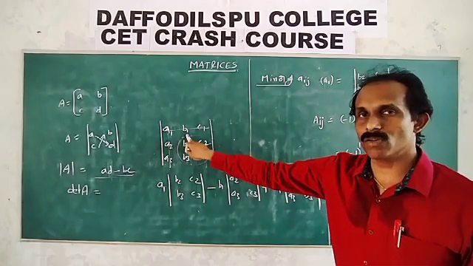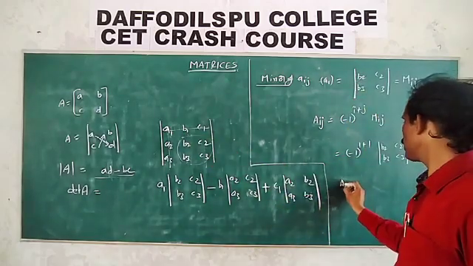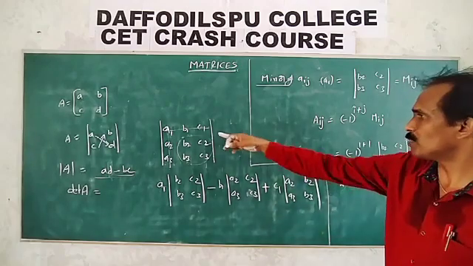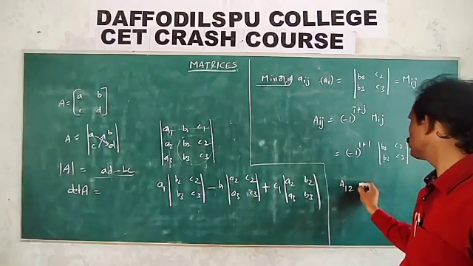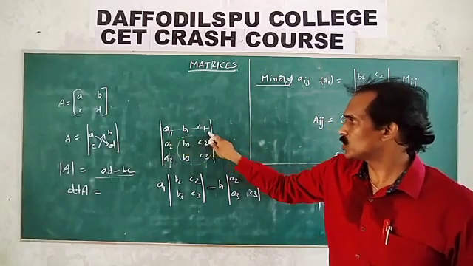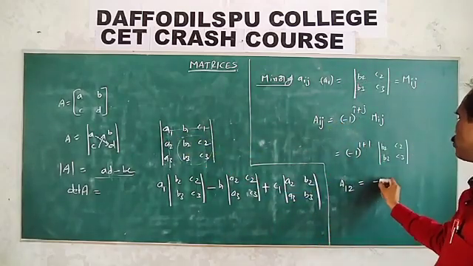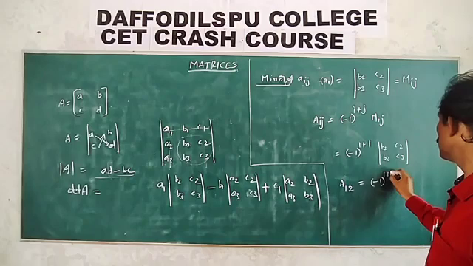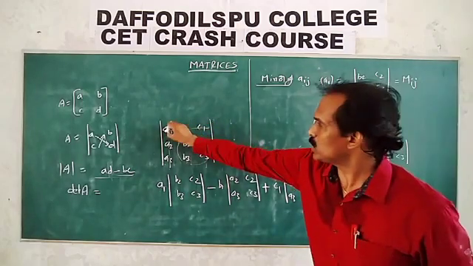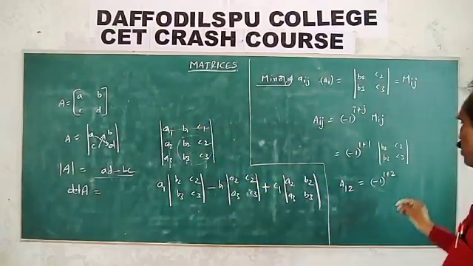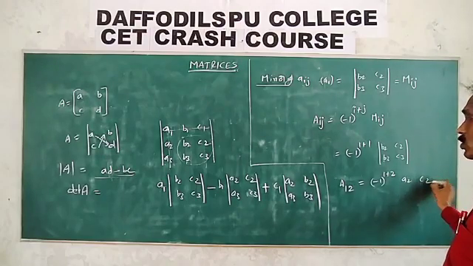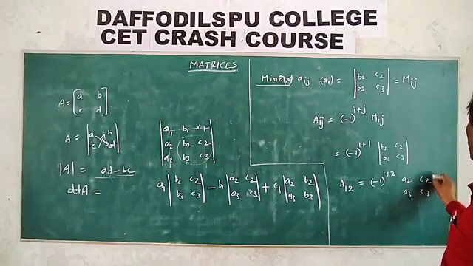Suppose I want the cofactor of B1, that is represented as A12, meaning first row, second column. A12 is equal to minus 1 to the power of 1 plus 2, deleting this row and this column, A2, C2, A3, C3.